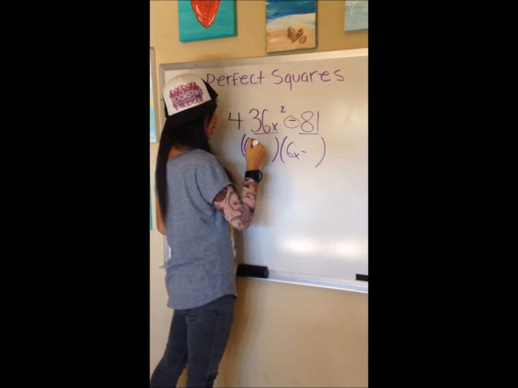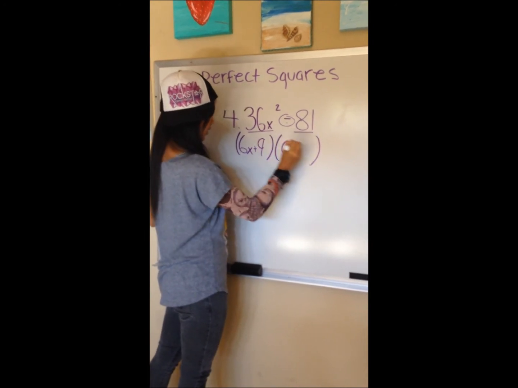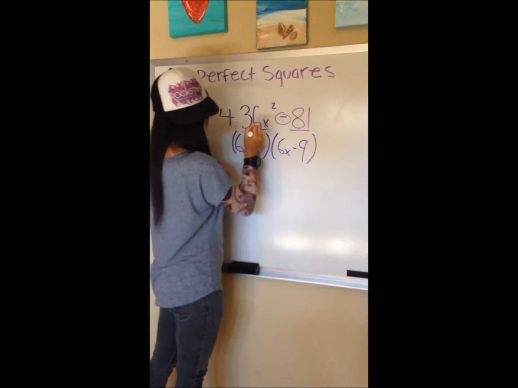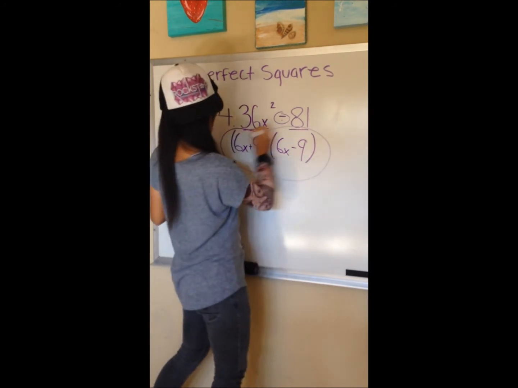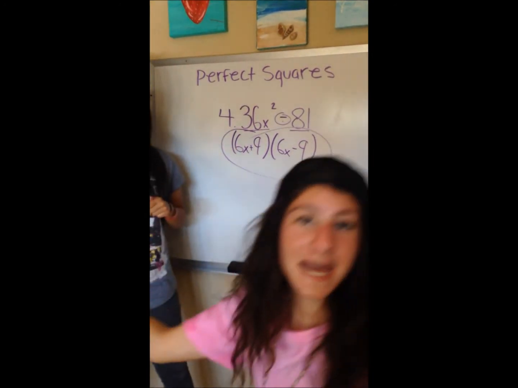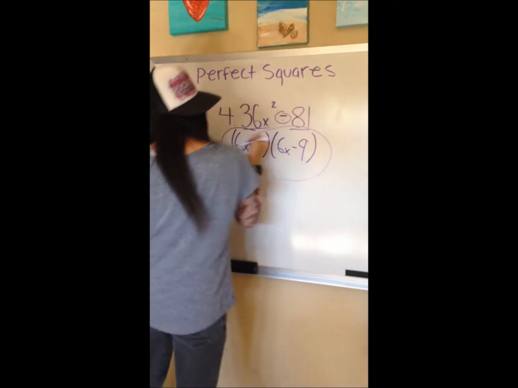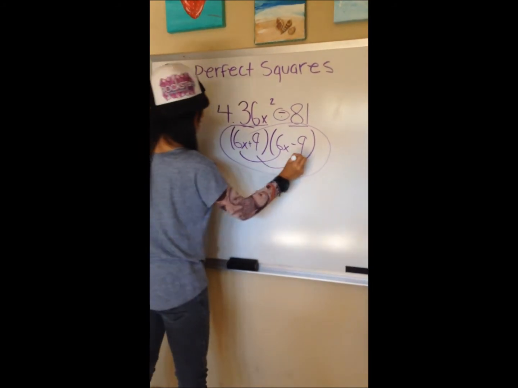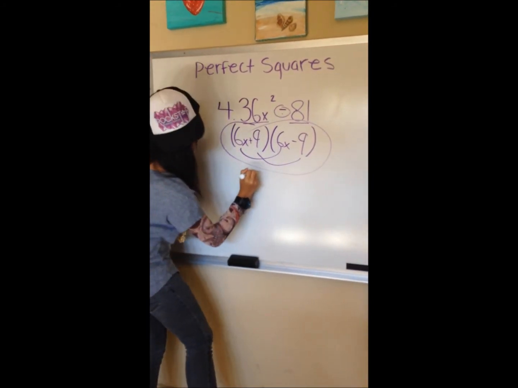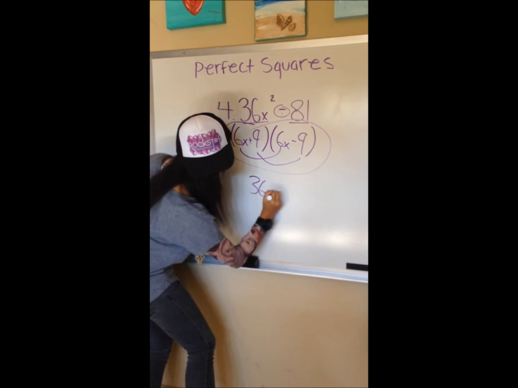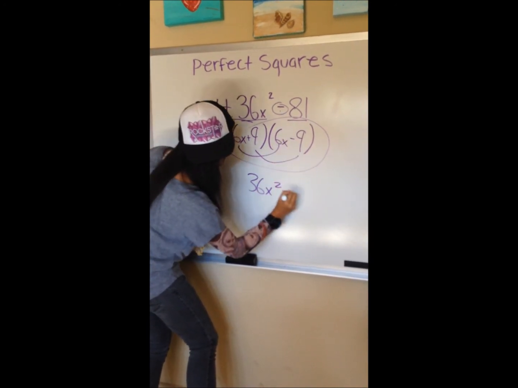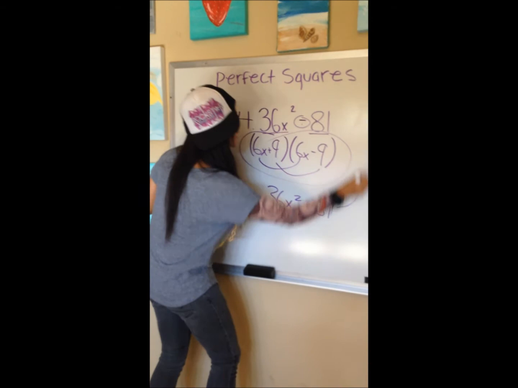And then 9 times 9 equals 81. Put that down. And then this will be the answer. Check it! Okay, so once you FOIL it back in, it should equal 36x squared minus 81, which is back here.